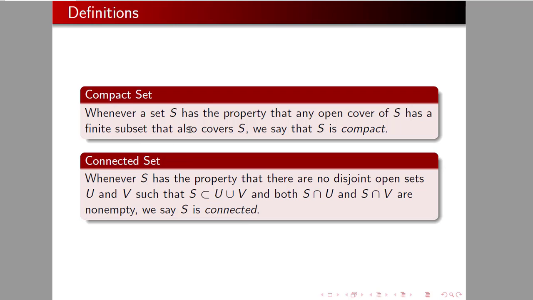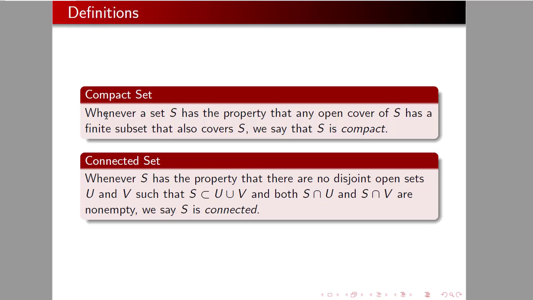The first of those corollaries is basically telling us that the closed interval AB is a compact set. The definition of a compact set is as follows: whenever any open cover of S has a finite subset that also covers S, we say that S is compact.